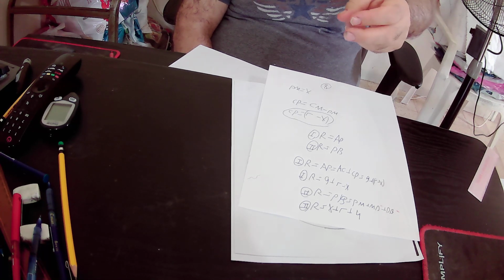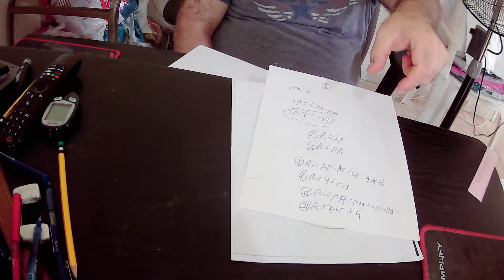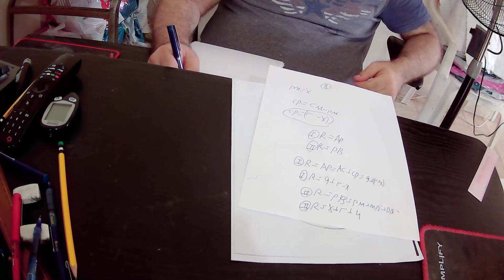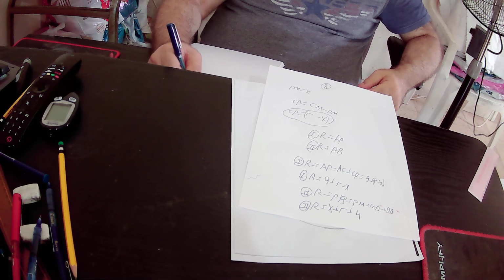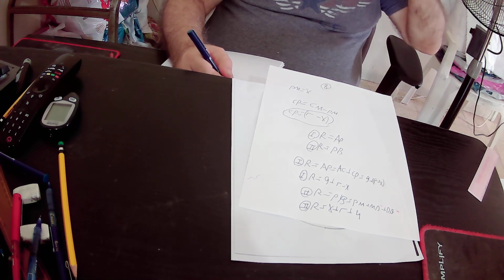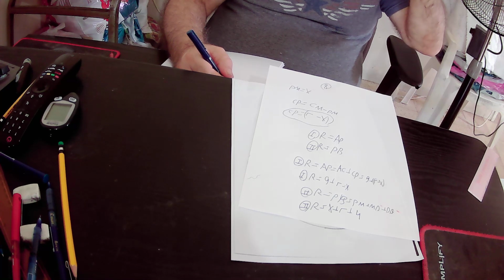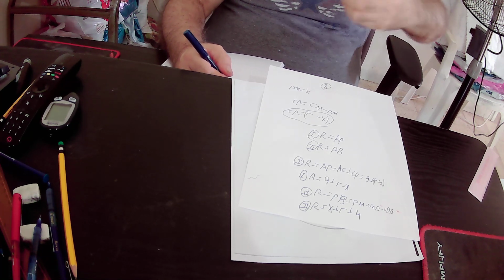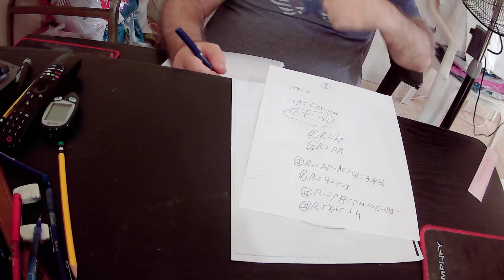So expression number 1 equals expression number 2. Okay, and we will get equation number 3 that states that the radius of the big circle according to expression number 1 equals the radius of the same big circle according to expression number 2.